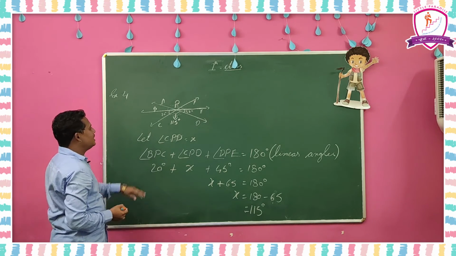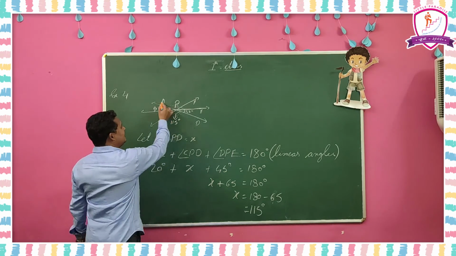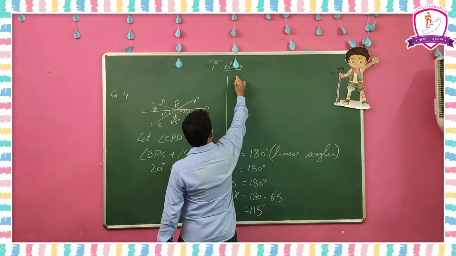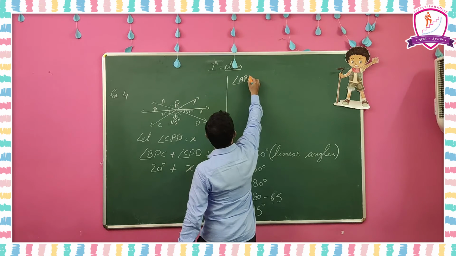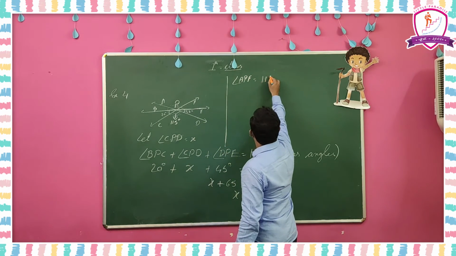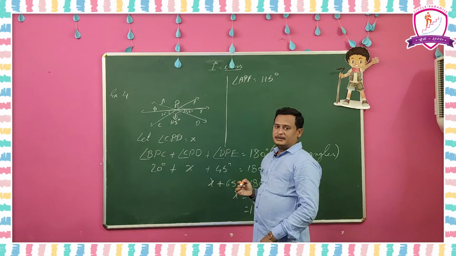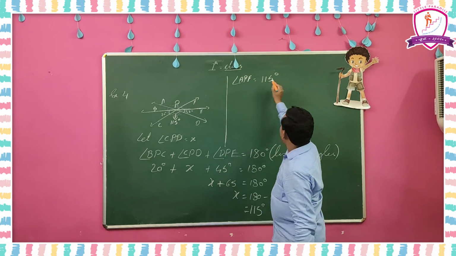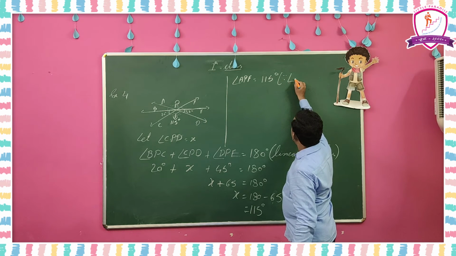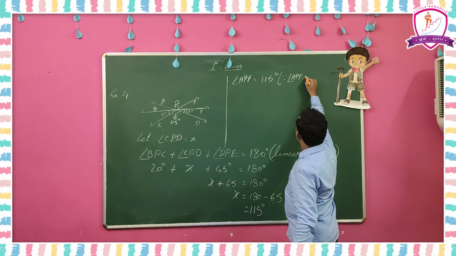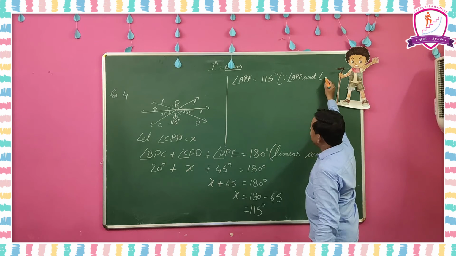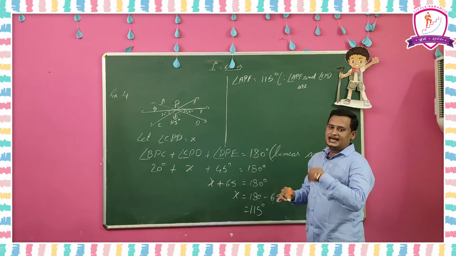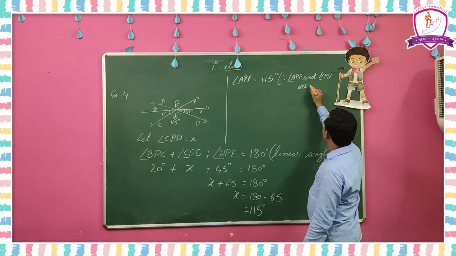Now we are going to find the angle APF. How can we find APF? Angle APF is equal to 115 degrees, because angle APF and angle CPD are vertically opposite angles.